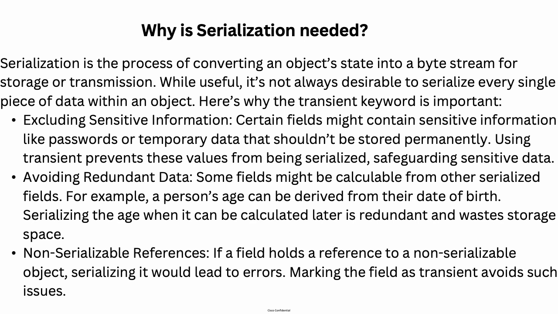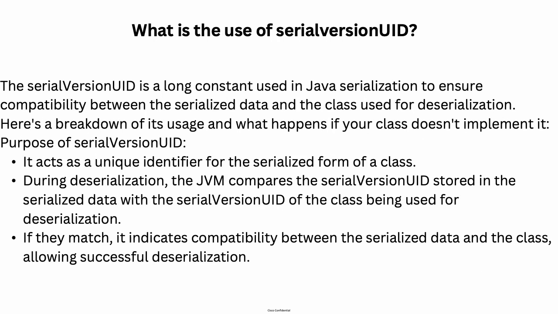That's what serialization does. And why do we need it? Because whenever we send something over the internet, that information might be sensitive, like a password or some data, so we should be protecting that. That's why serialization is needed. And that's it. Moving on to the next question.